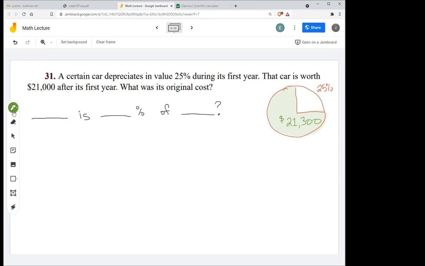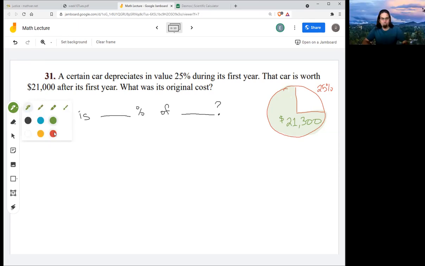Yeah. We don't know the dollar value of how much depreciation happens. And at least initially, we don't know a percent value for how much is still there. One of those two things we can figure out. Which one can we find?